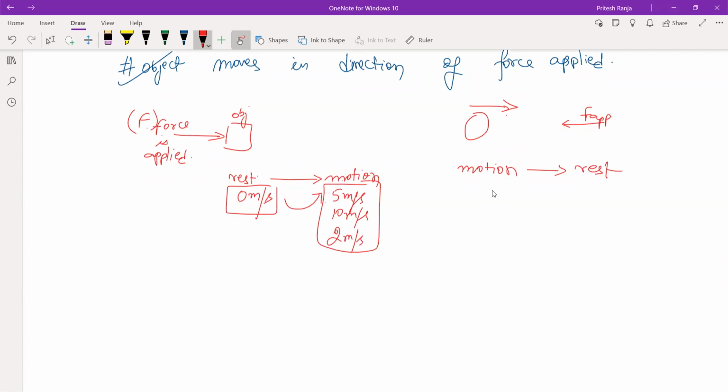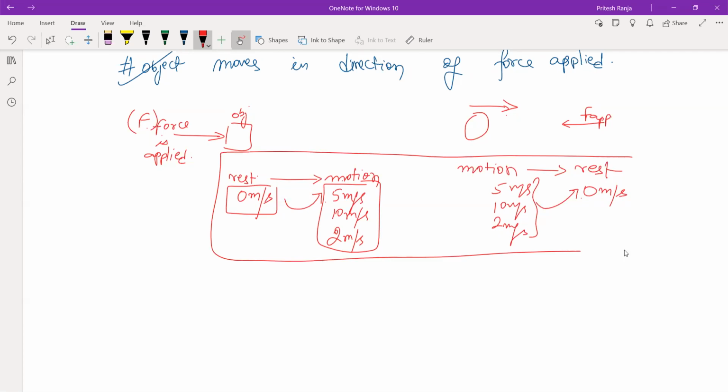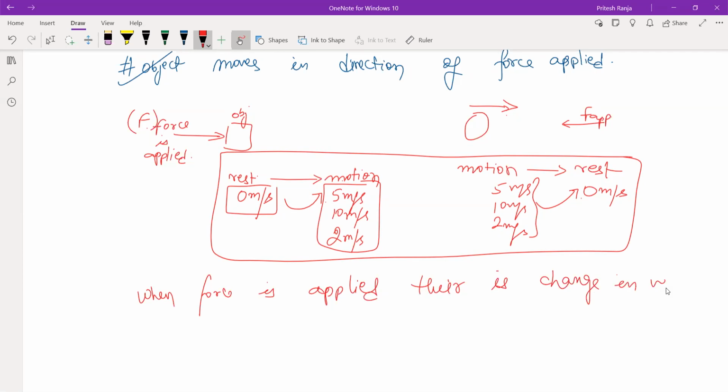If the object is in motion, we are making it come to rest. So if it is 5 or 10 or 2, its speed is decreasing. So in both cases we observe that when the force is applied, there is a change in velocity. This change can either be an increase or a decrease.